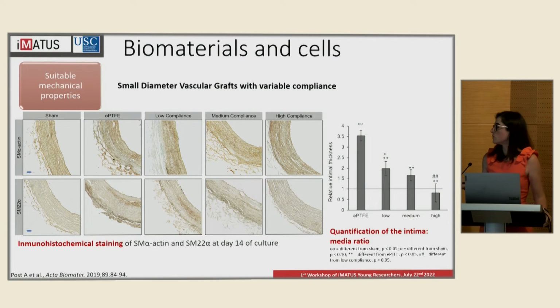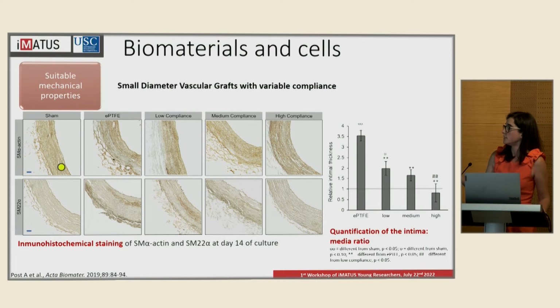So these are 2 of the proteins, which are smooth muscle alpha actin and smooth muscle 22 alpha. As you can see in the sham control, which is the vein itself, there is homogeneous staining on them. While when we work with PTFE, we saw an enhancement close to the intima, so the blood is flowing this side.